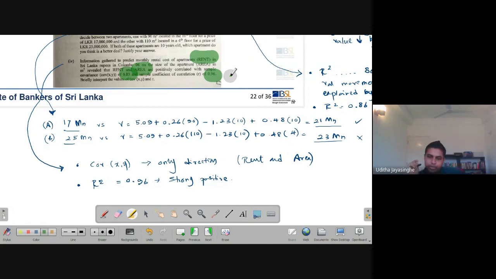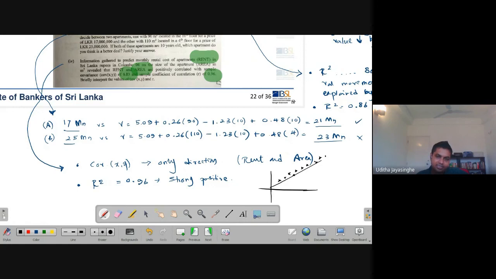If you could recall strong positive, moderately positive and no relationship, this is a strong positive correlation. See, 0.96 can be determined from whatever data points were collected. It's going to be something like this. The values are very much going in line.